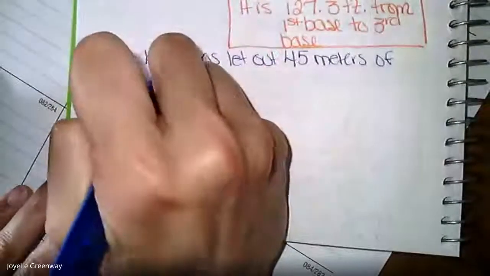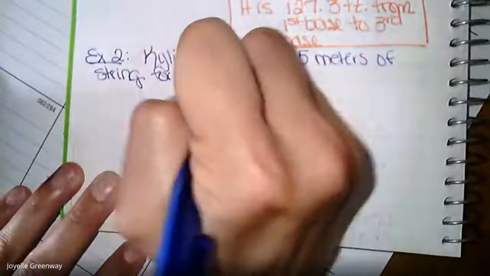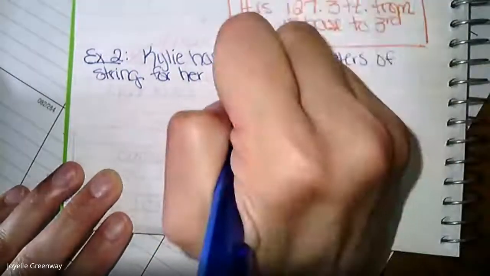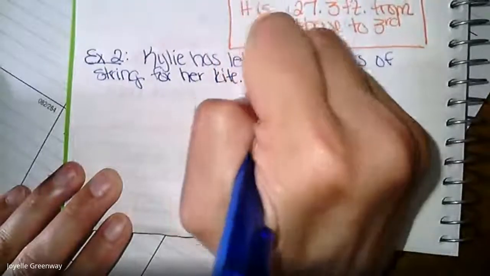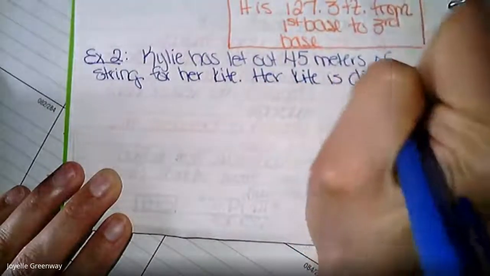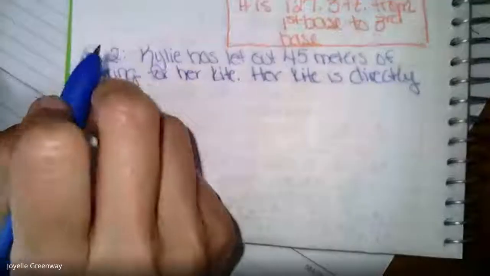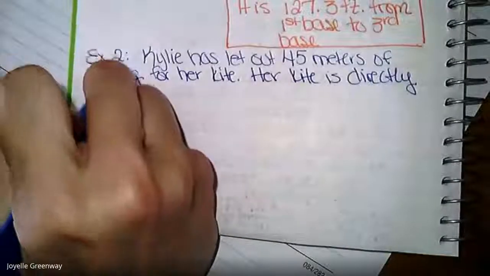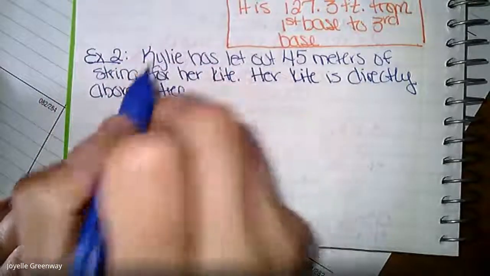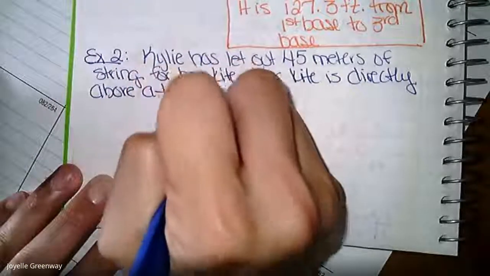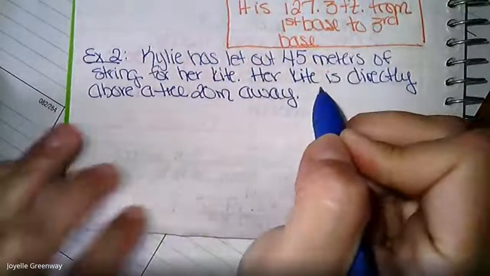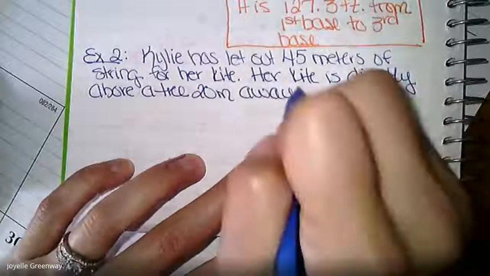Of string for her kite. Her kite is directly above a tree 20 meters away. How high is her kite?